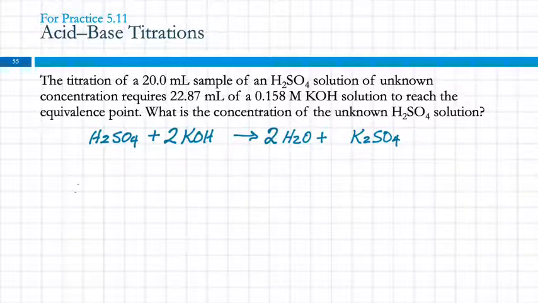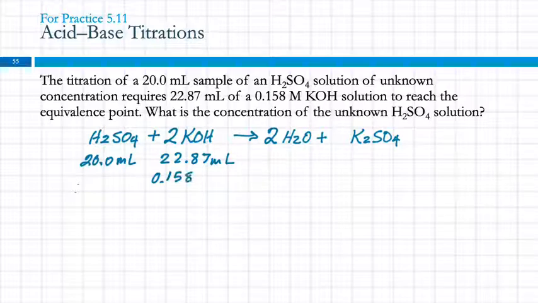So now I'm going to use that equation to organize the information. 20 milliliters of H2SO4. So 20 milliliters of that. And it says 22.87 milliliters of the KOH. And the concentration of the KOH was 0.158 moles per liter.